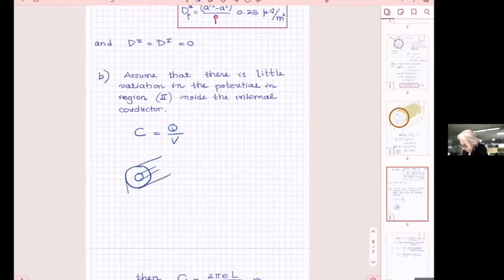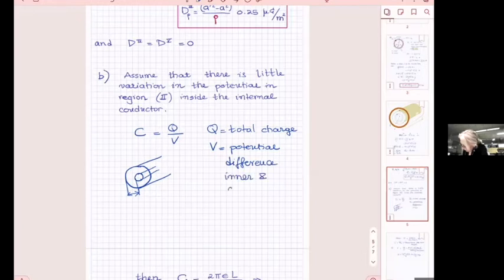V is the potential difference between the inner and the outer conductor. All right? So Q is the total charge, and V is the potential difference between the inner and outer conductor.